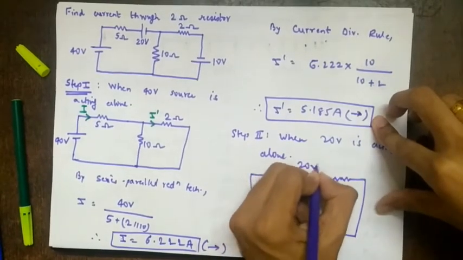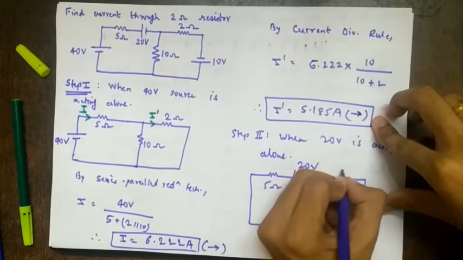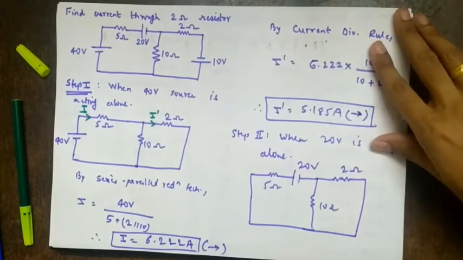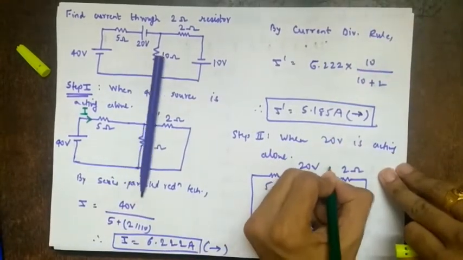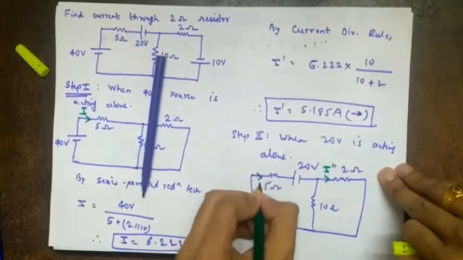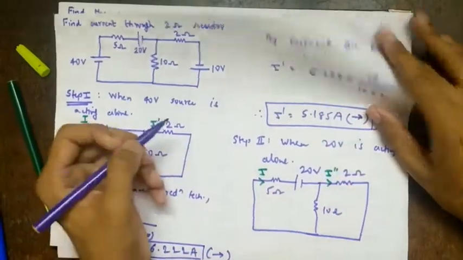So this is 20 volts, this is 5 ohms, this is 10 ohms, this is 2 ohms, right? So again current through 2 ohms, so this is I double prime, and in the same way we will solve for the total current. Then we can use CDR.